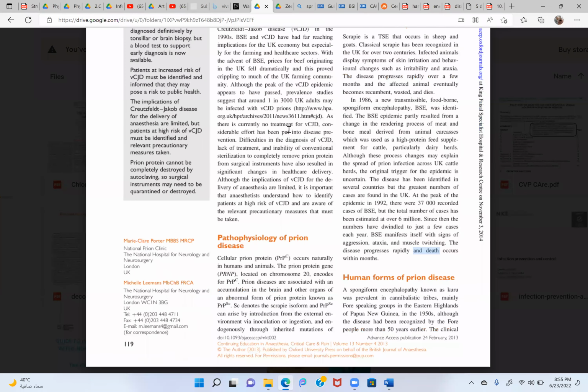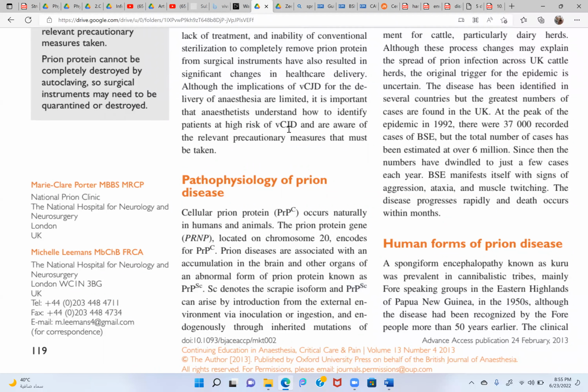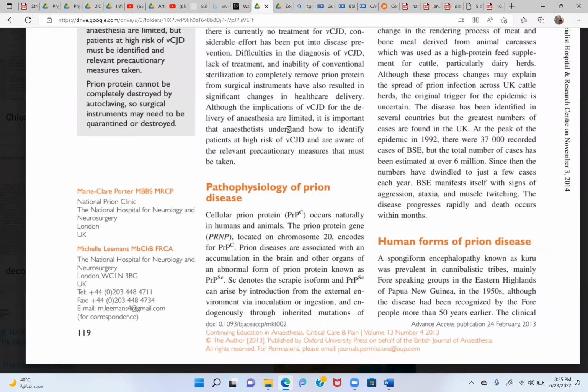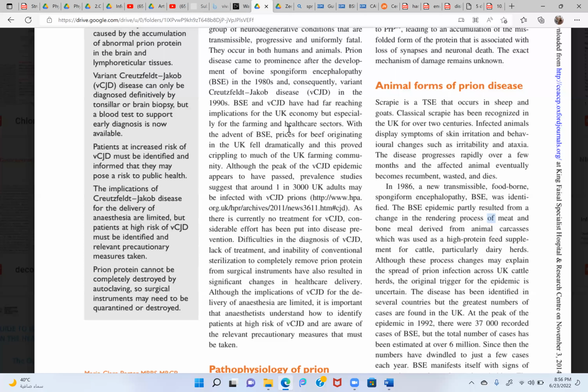So I have a question about prion. Yes, yes. How much should we expect the percentage to be in the population? They have written here only 4 or 5 cases in the world. Prevalence studies suggest that 1 in 3,000 UK adults may be infected with Creutzfeldt-Jakob prion.